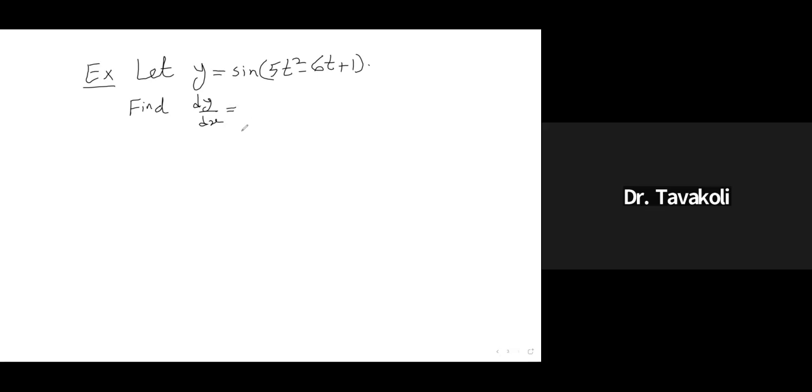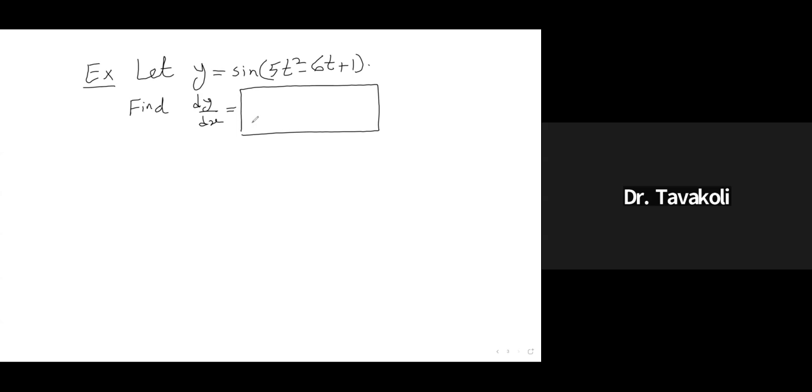So using the chain rule, I want to find the derivative of this. Pay attention that the function is sine of that expression. It's not sine times. It is sine of. Previously, when we dealt with derivatives of sine or cosine, it was sine of the variable, like sine of x or sine of t.